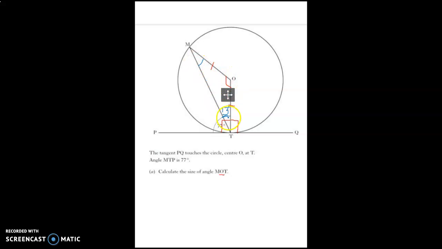Now, because of this isosceles triangle, if this is 13 degrees, so is this one on this side, so 13 degrees. And then I can use angles in a triangle add up to 180.